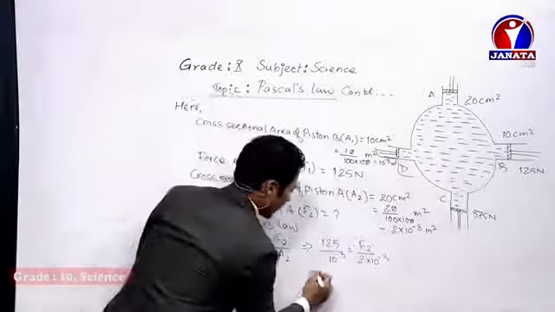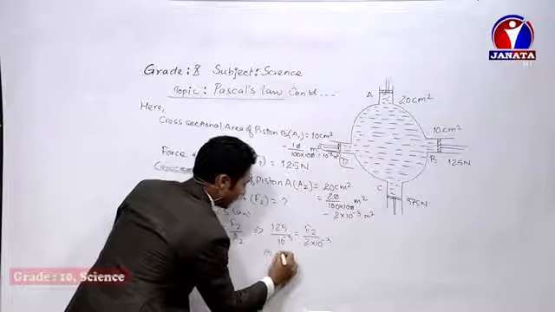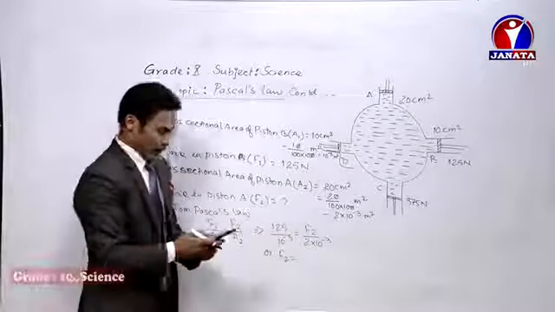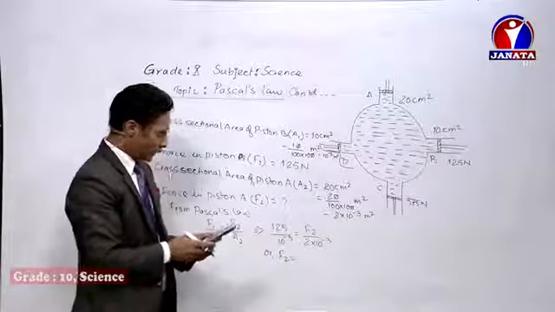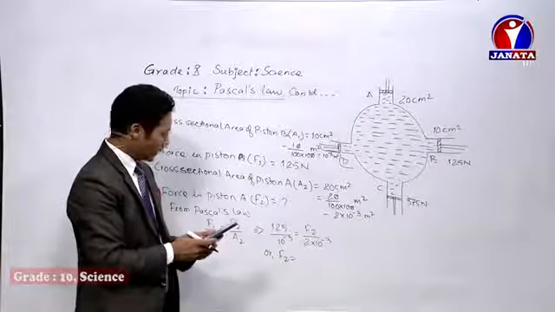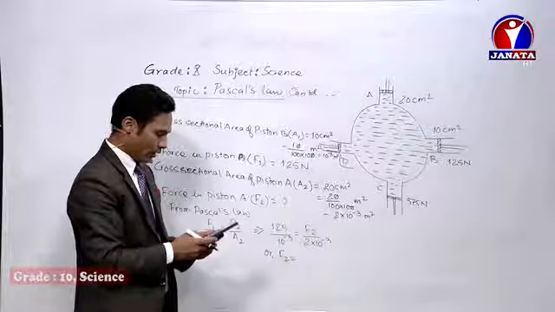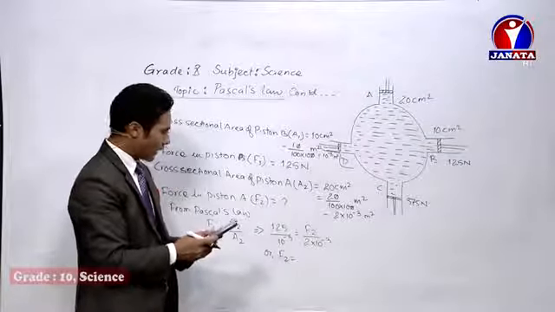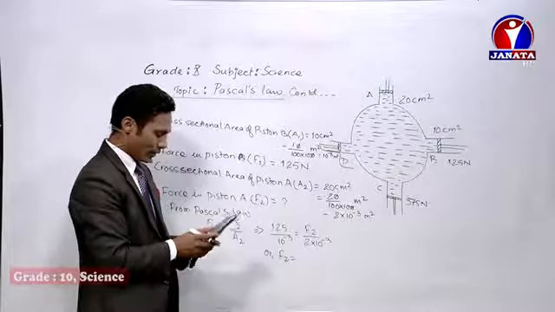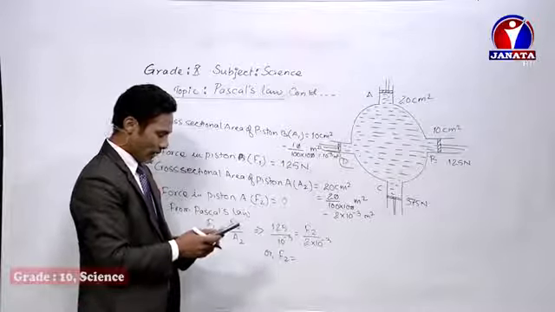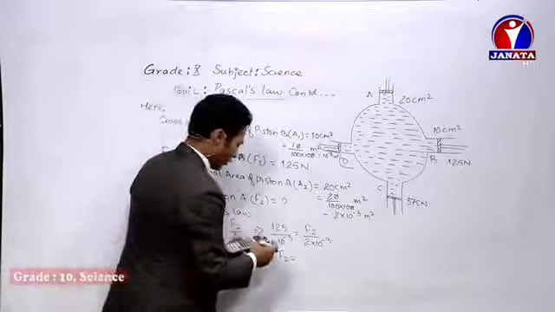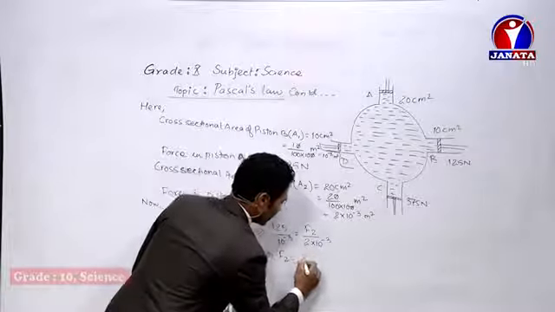So if you calculate this, F2 equals 125 into 2 into 10 to the power minus 3, divided by 10 to the power minus 3. So this will be 250 Newton.